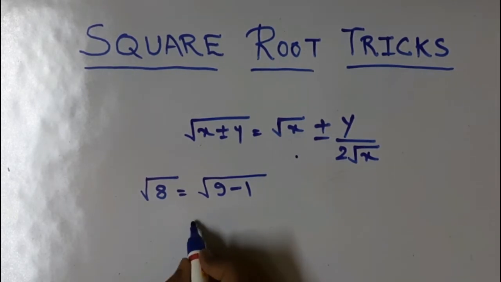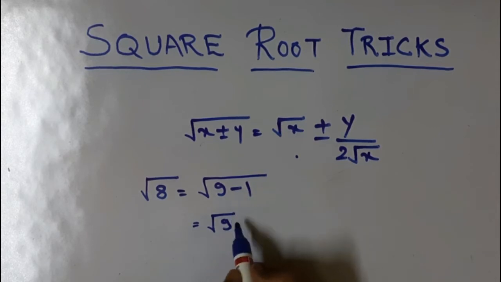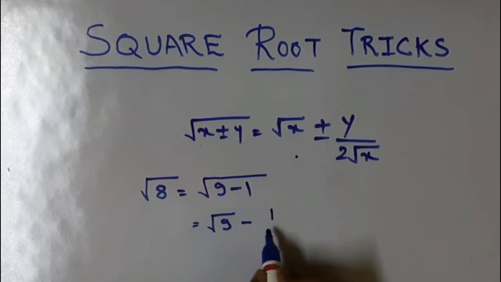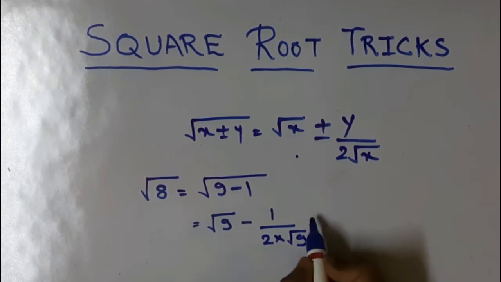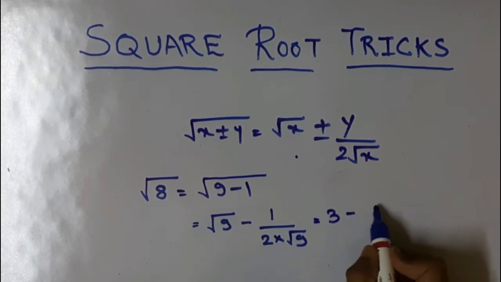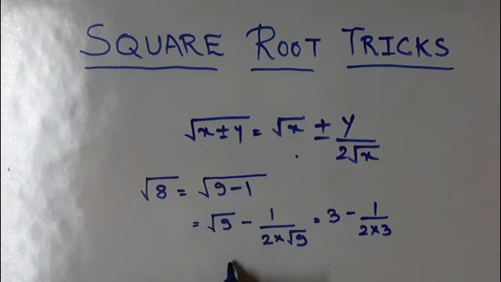First is root x, which means root 9. Since here we have taken minus, we have to put a minus. Then y is 1 by 2 into root x, which means root 9. Root 9 is 3, so 3 minus 1 by 2 into 3, which is 3 minus 1 by 6.